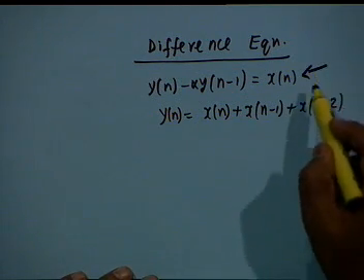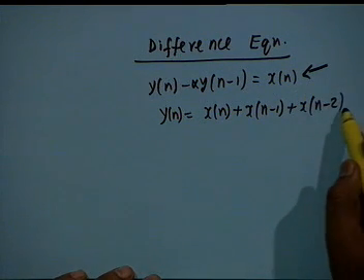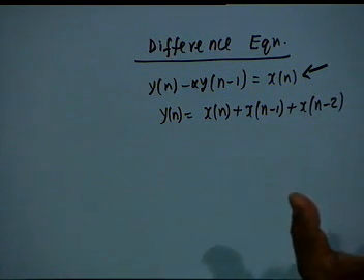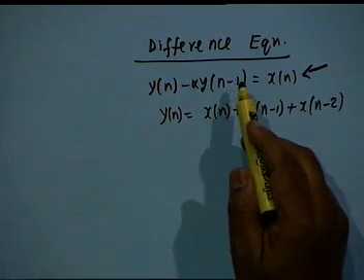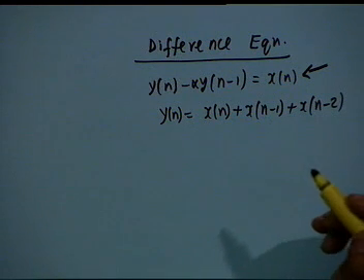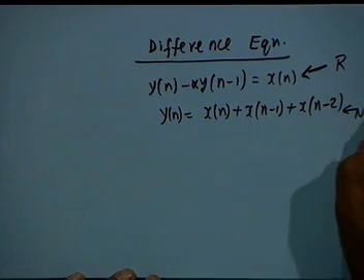The first is a recursive difference equation, and the second is non-recursive. I have explained the terms recursive and non-recursive. The first uses past values of output, so feedback; the second does not use it.